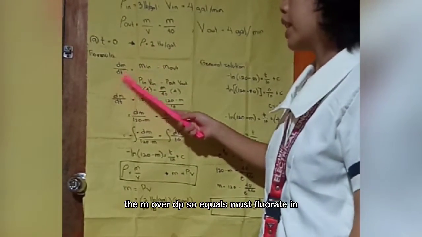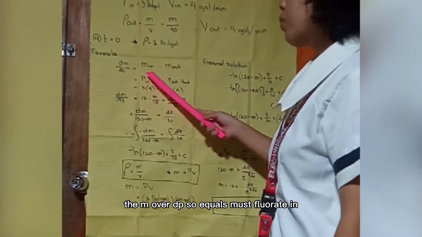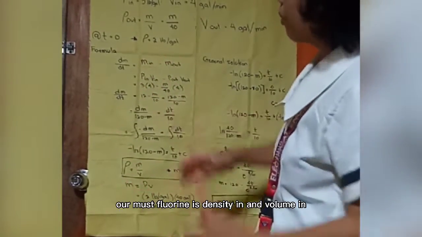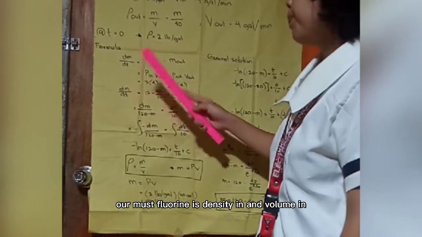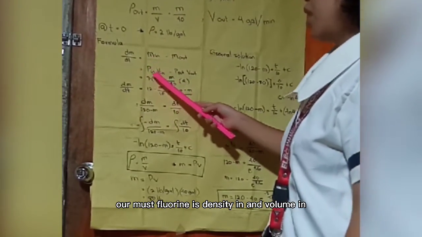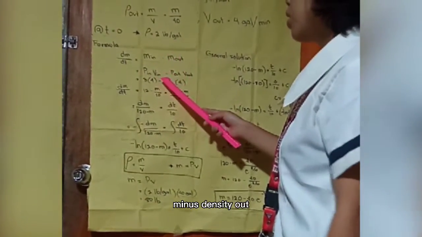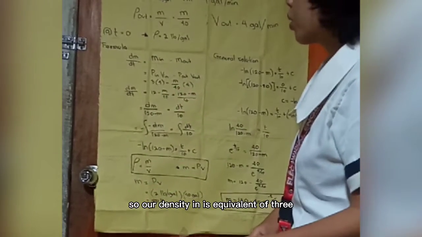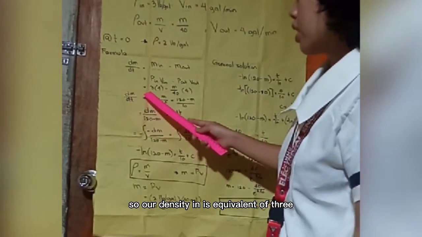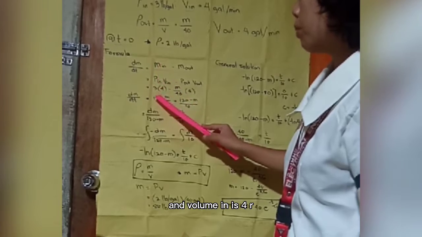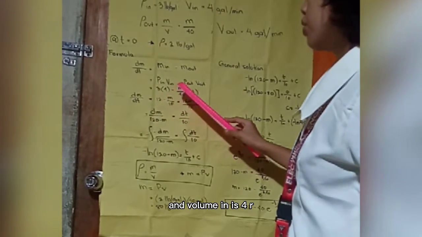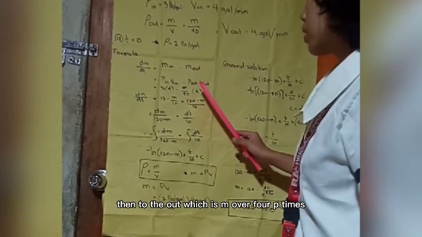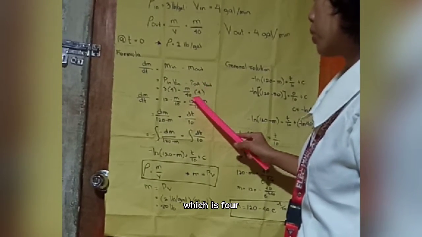So we use this formula to get a general solution: dm over dt equals mass flow rate in minus mass flow rate out. Our mass flow rate in is density in times volume in, minus density out times volume out. So our density in is 3 and volume in is 4, minus our density out, which is m over 40, times our volume out, which is 4.